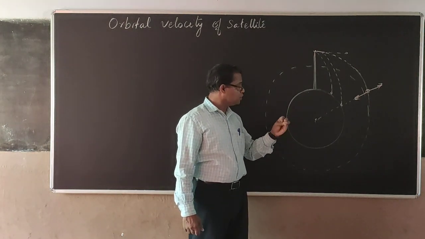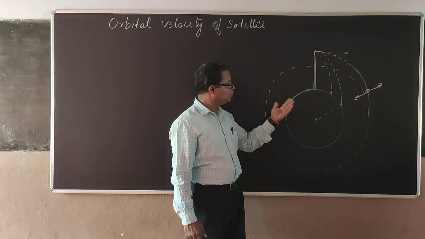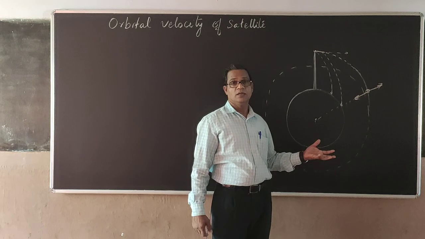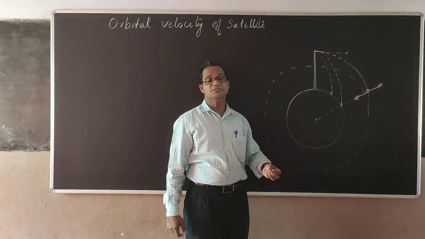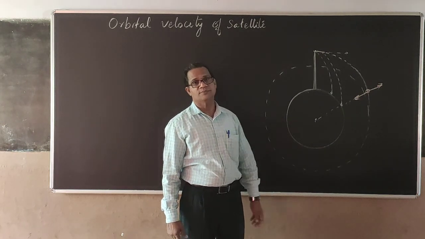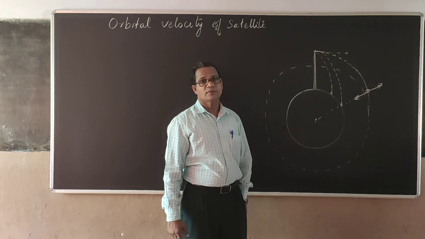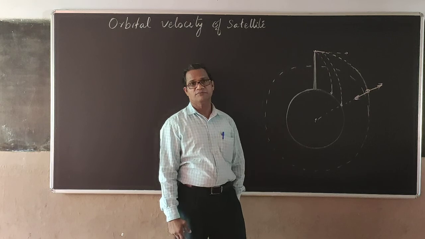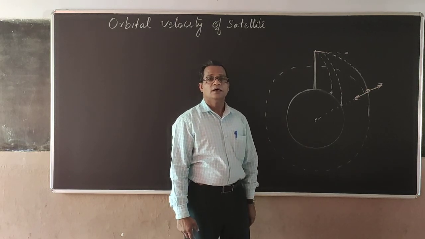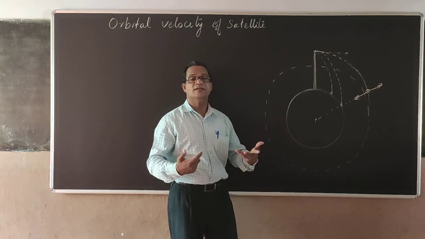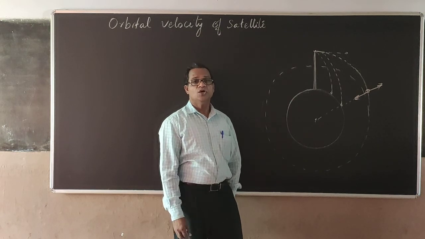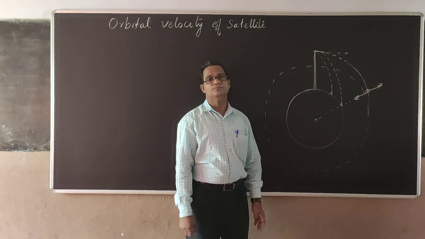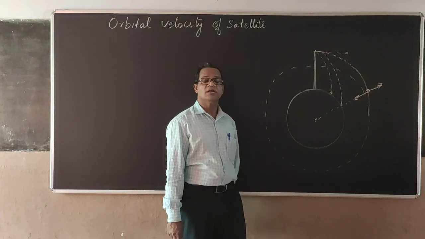And one more thing about it: any freely falling body experiences weightlessness. Even if I am falling freely towards Earth from a height, I also feel weightlessness. It means that during the fall, the weight of the body becomes zero. That situation is called weightlessness.